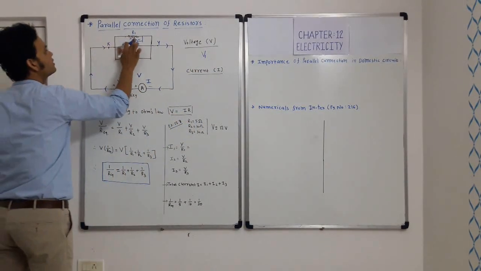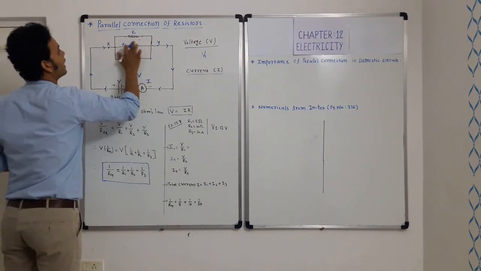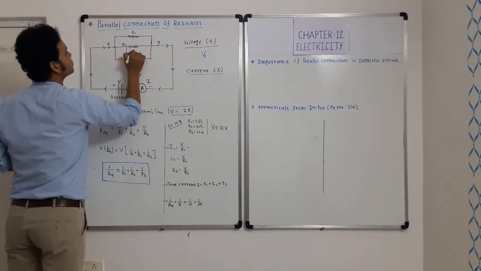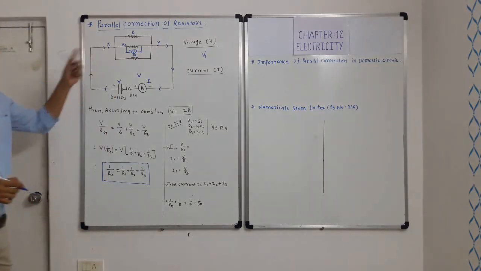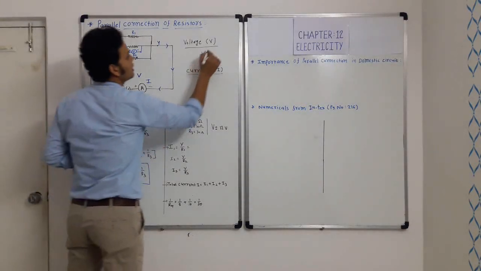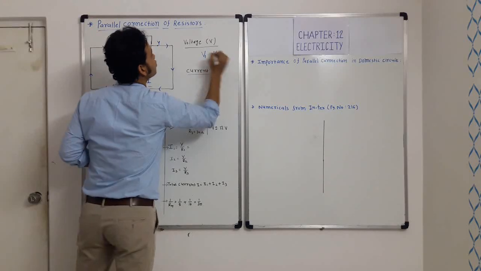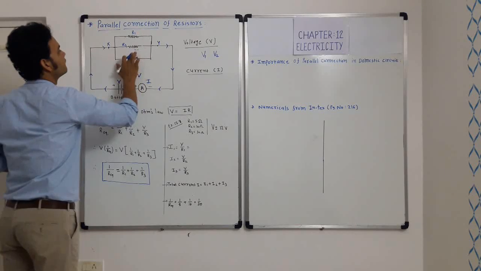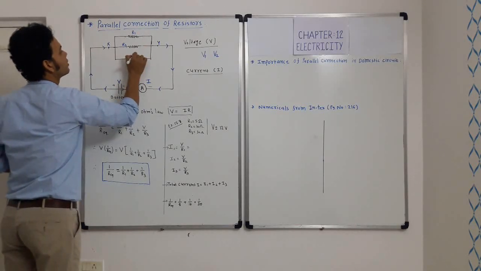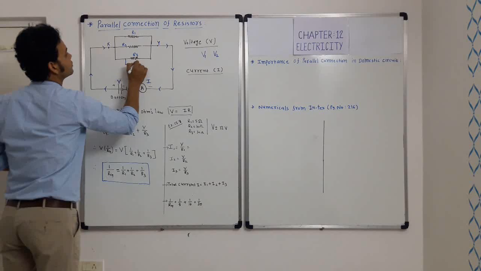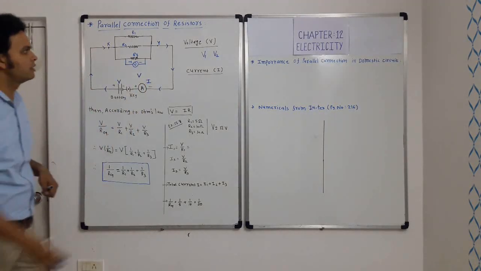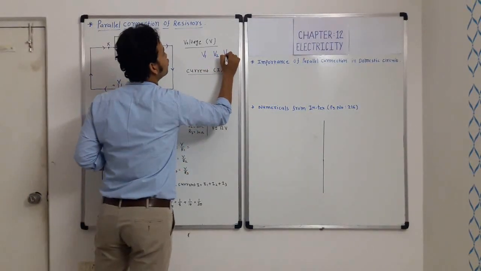Now again we remove this from here and connect it across R2. Here this is plus, this is minus, and we measure this voltage, and let's say it is V2. Finally we connect it across R3. Once again this is plus, this is minus, and we measure the voltage, and this is nothing but V3.